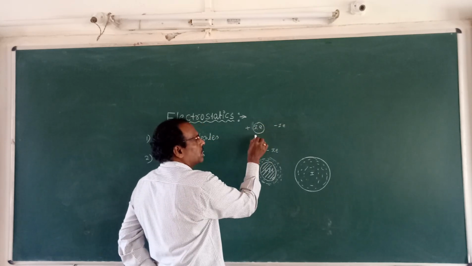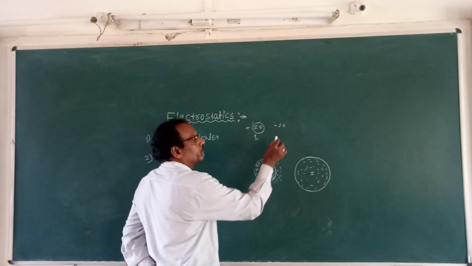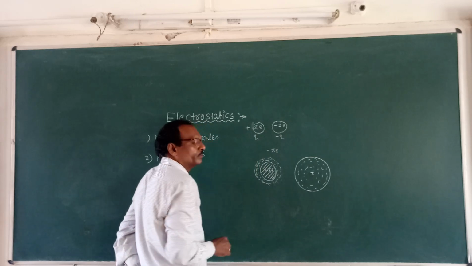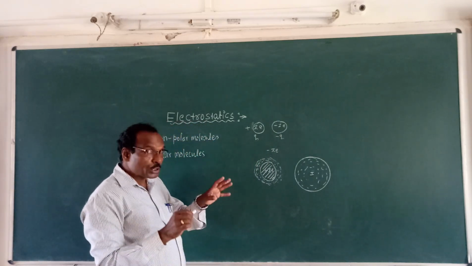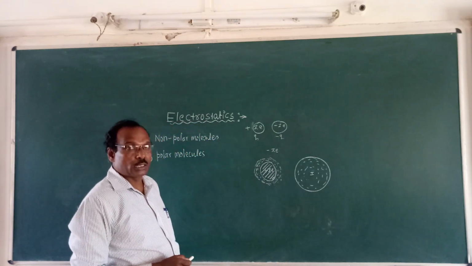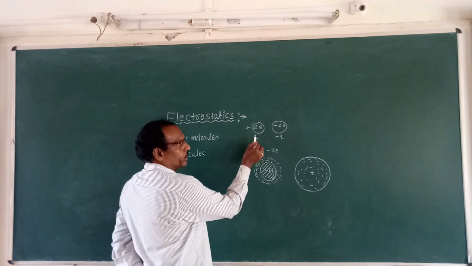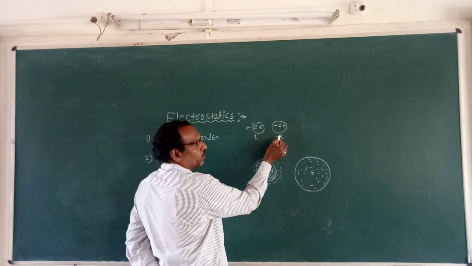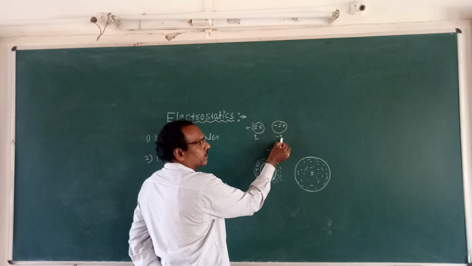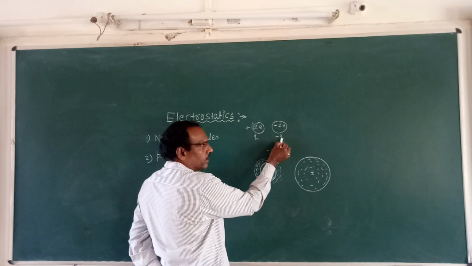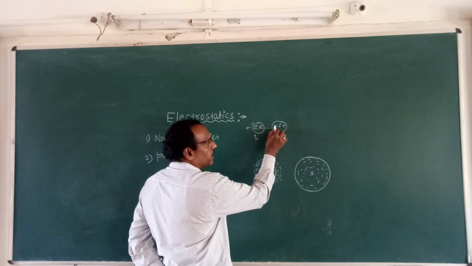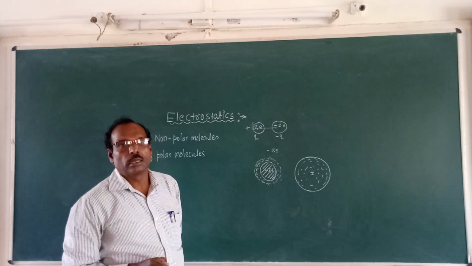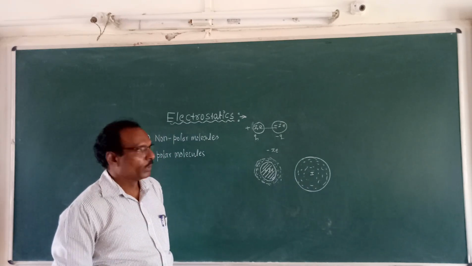If we take this as charge Q and this as charge minus Q, and these two charges are separated by a certain distance, with the magnitude of the positive charge plus Q and the magnitude of the negative charge Q itself, if they are separated by a certain distance, that constitutes a dipole.